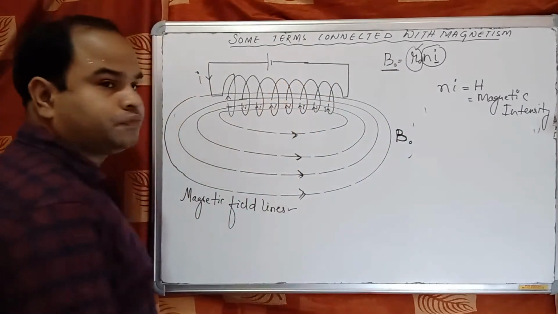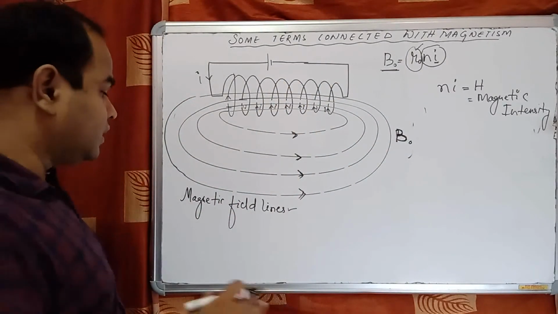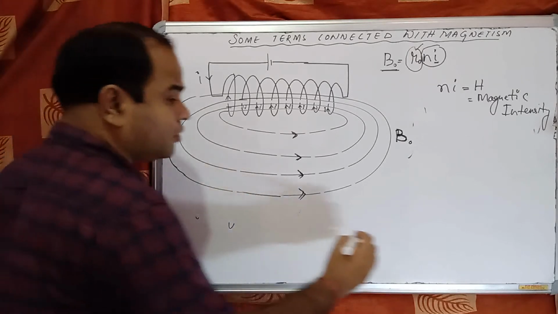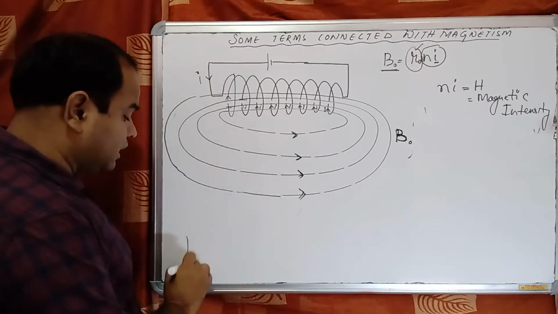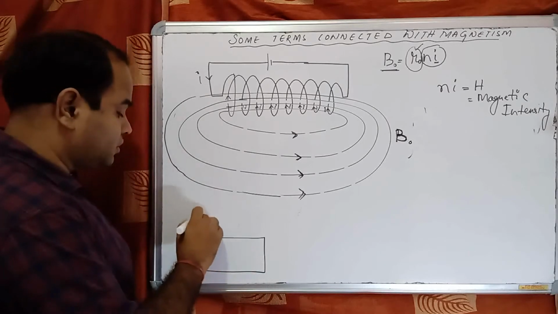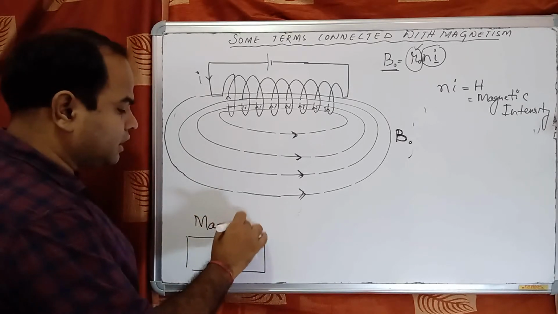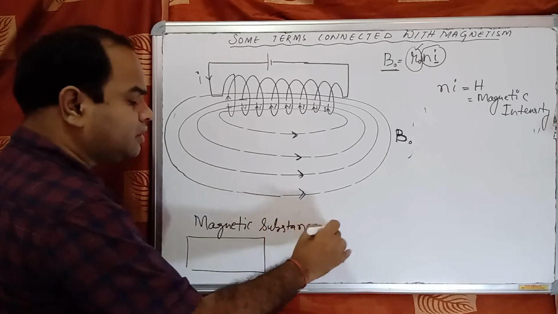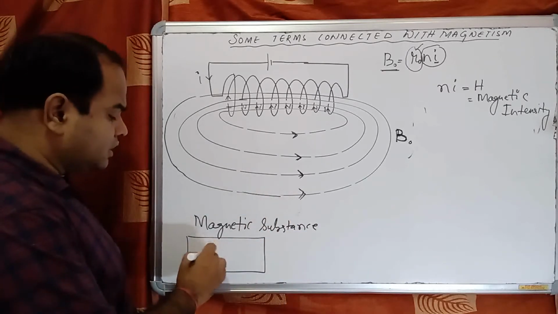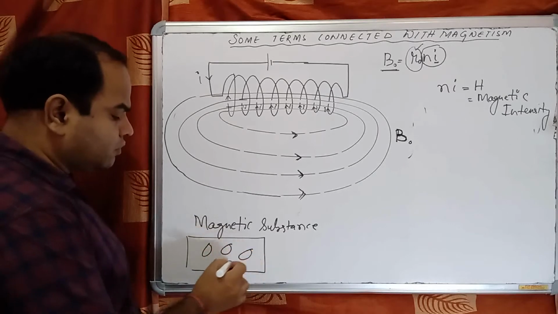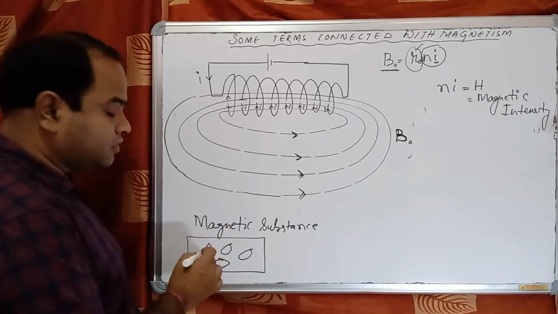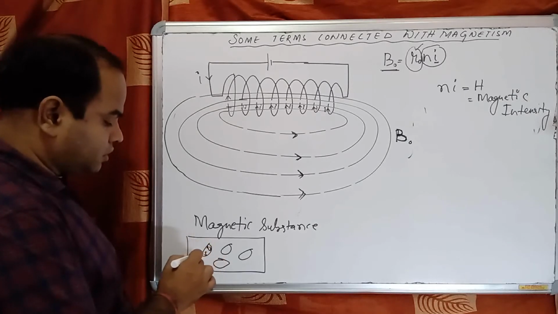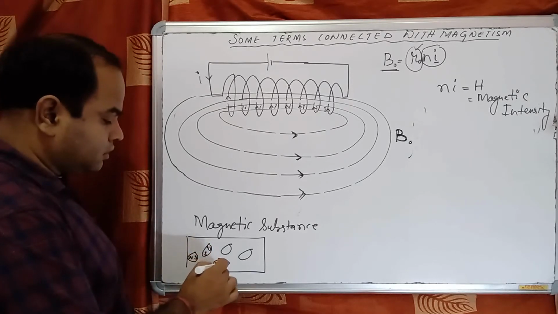Okay, so then let us take a magnetic substance. We know that in a magnetic substance there are dipoles which are randomly distributed, north south like this.